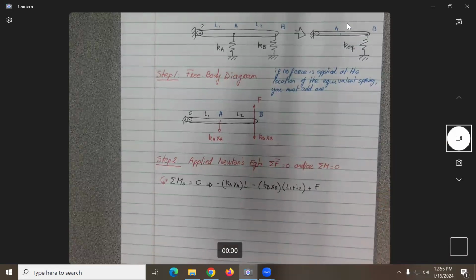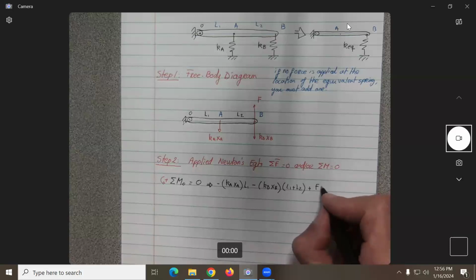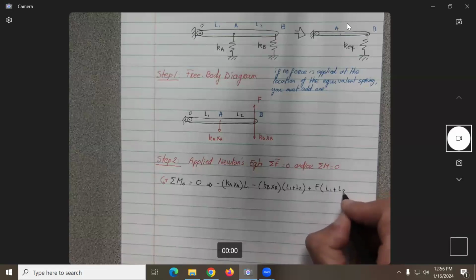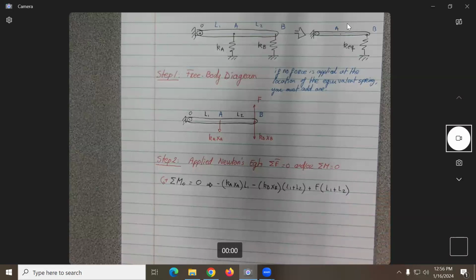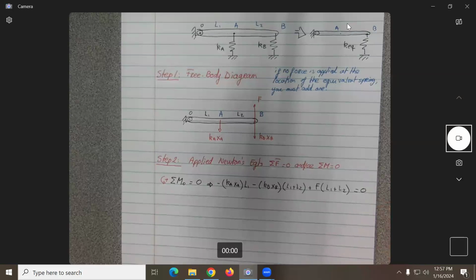The moment created by the force at the point where we need to find the equivalent spring will be equal to what? F times L1 plus L2. Okay, so this will be equal to 0.